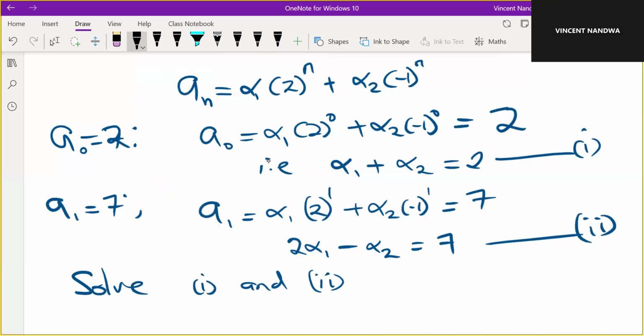Solve simultaneously. You can either use the elimination method or substitution method to solve 1 and 2. Alpha 1 is? Look to your house.